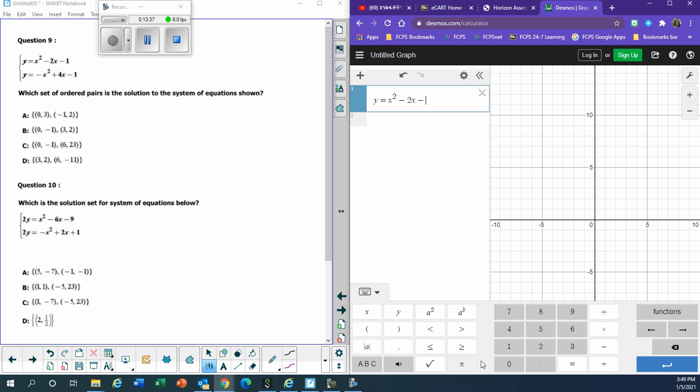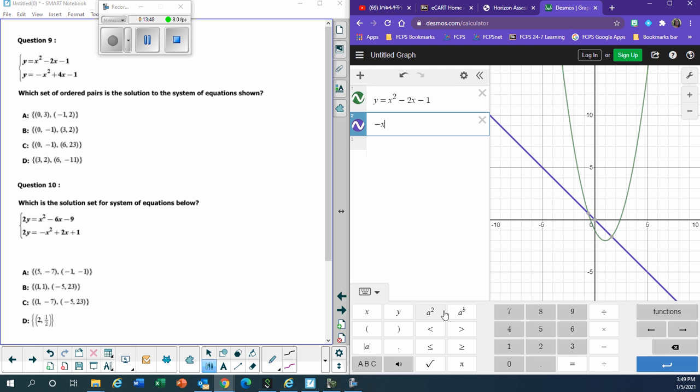I think the biggest thing with Desmos is making sure that you are putting the proper equation in. And then the second equation is negative x squared, right? Oh, sorry, I forgot y equals. y equals negative x squared plus 4x minus 1.